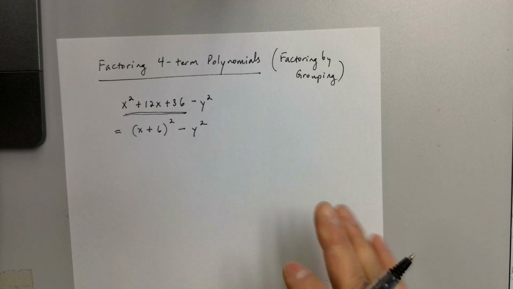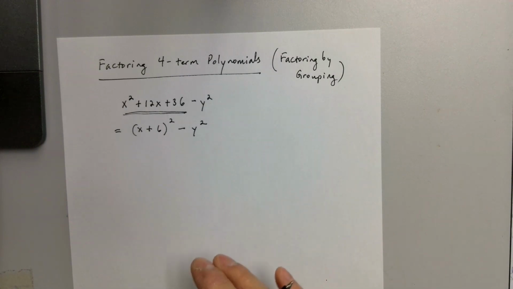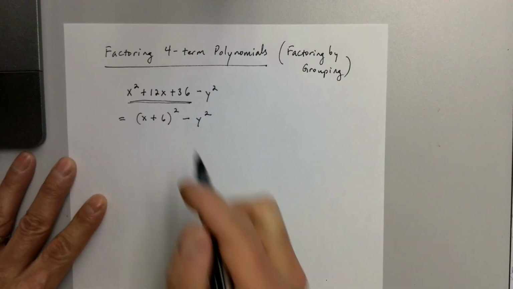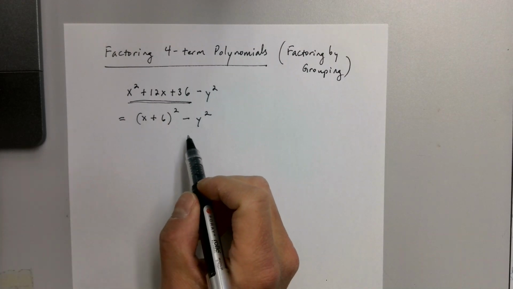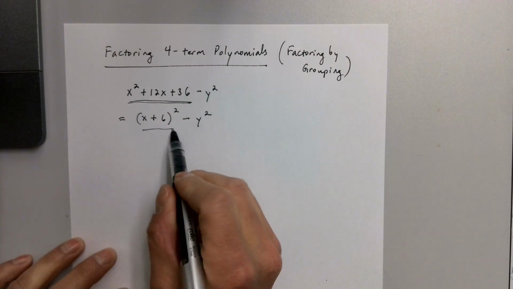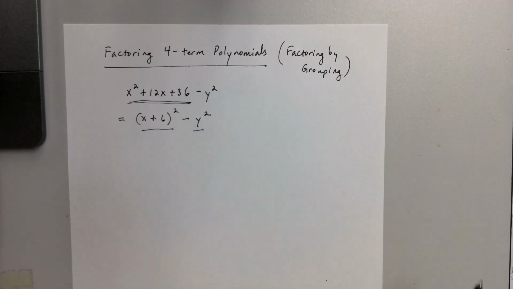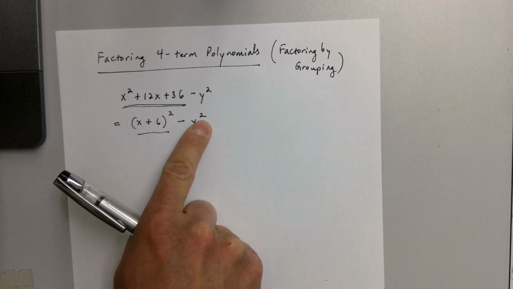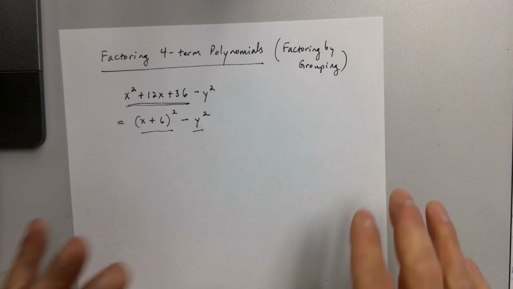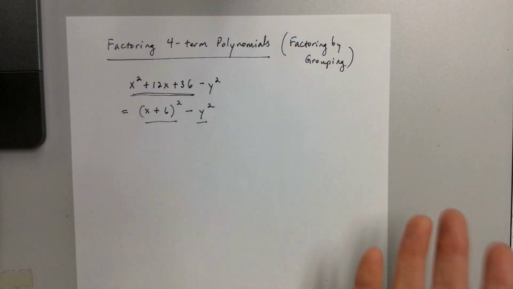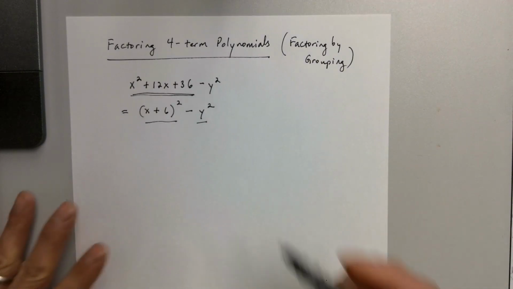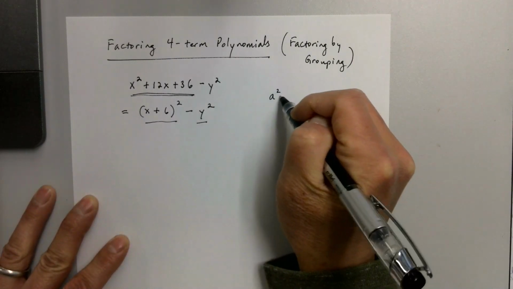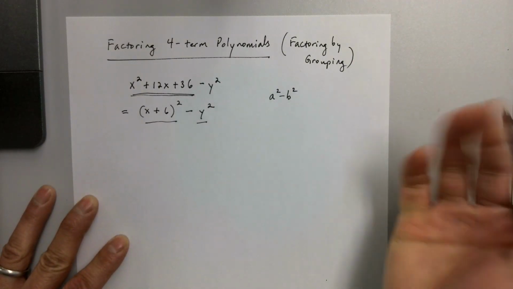Now I want you to think big picture. I have two terms here, first term, second term. I have something squared minus something squared. Something squared minus something else squared should sound like something we've done recently: a squared minus b squared, difference of squares.